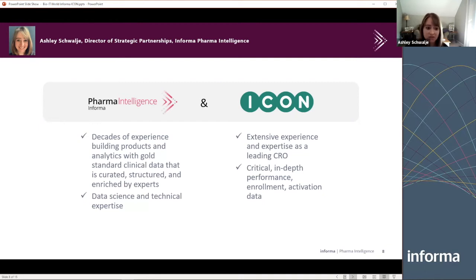And we also have a wealth of data science and technical expertise that we're bringing to the table. Meanwhile, ICON has extensive experience and expertise as a leading CRO, so we recognize their ability to help us make the best possible feasibility solution. They also have critical in-depth performance, enrollment, and activation data that we at Informa Pharma Intelligence don't have. So again, a very complementary opportunity.